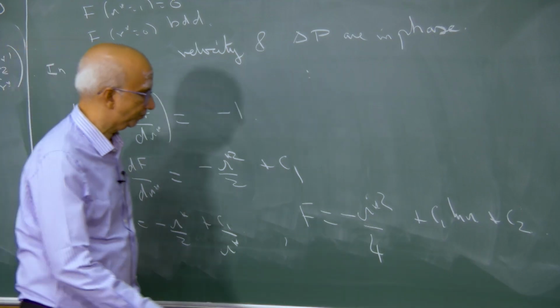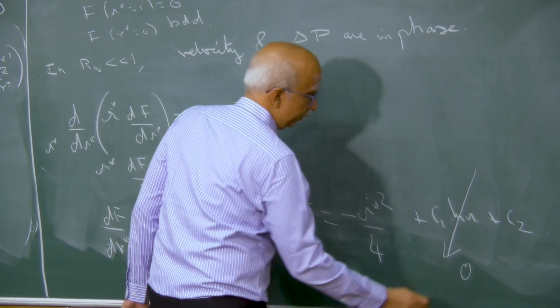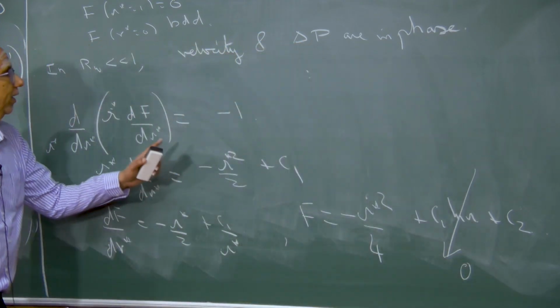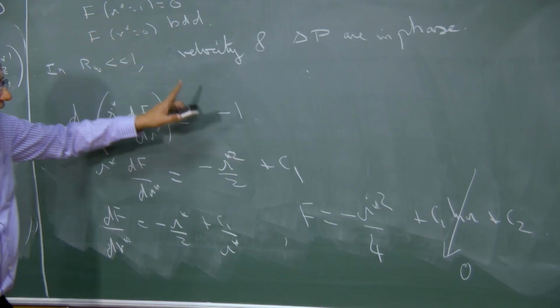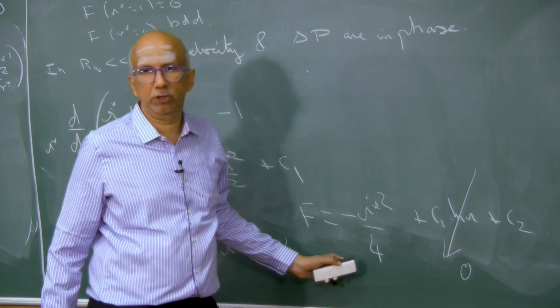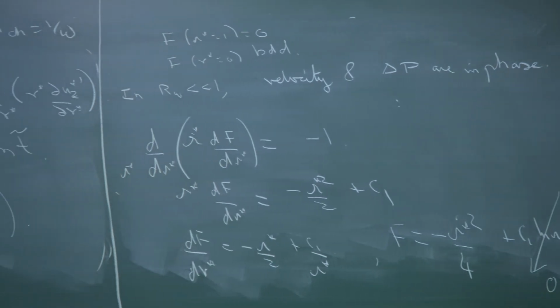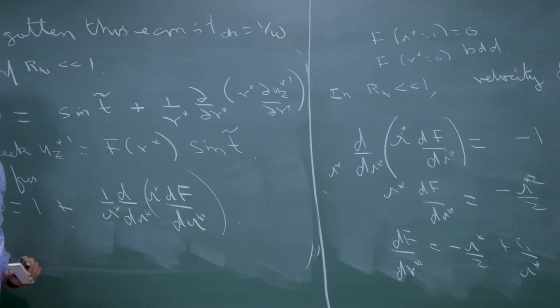Now, because the velocity is bounded at r equal to 0, this C1 term goes to 0, and you can use the other boundary condition and calculate what is C2. Okay. So, f can be found out. If f can be found out, then u z star 1 can be found out, because u z star 1 is just f multiplied by sin of t.